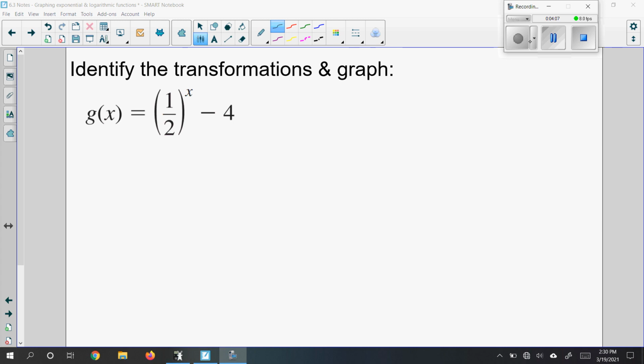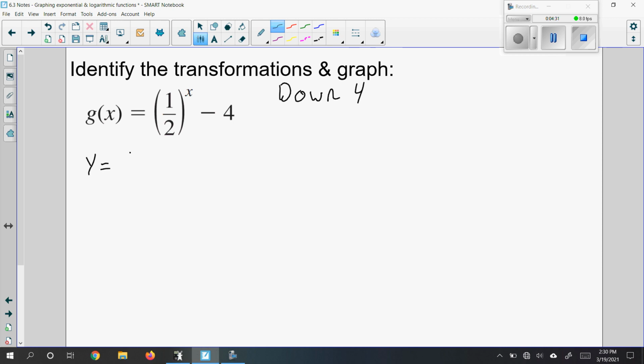This exponential function has been transformed. So let's first identify the transformations. This -4 is on the outside of the function. That tells me that it goes down 4. So this has been transformed down 4. So let's make the parent table.